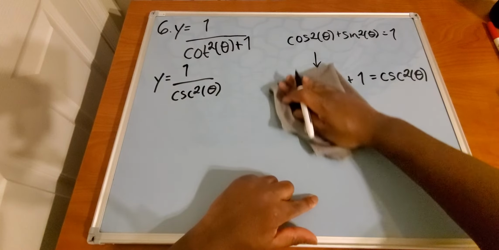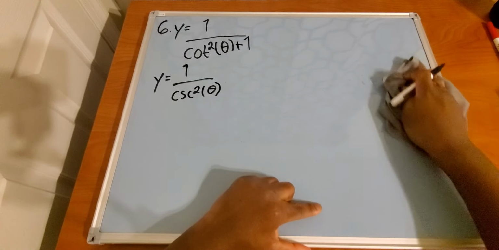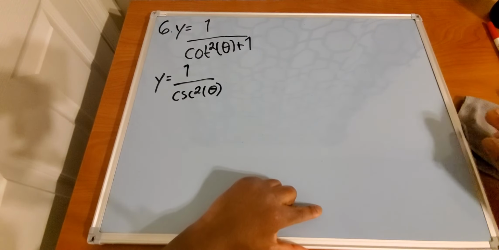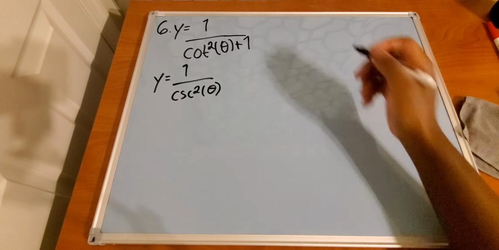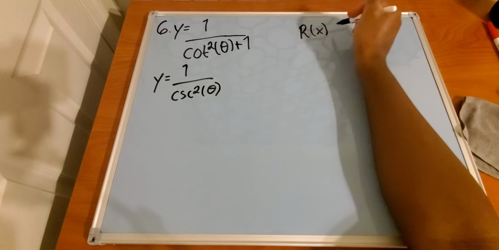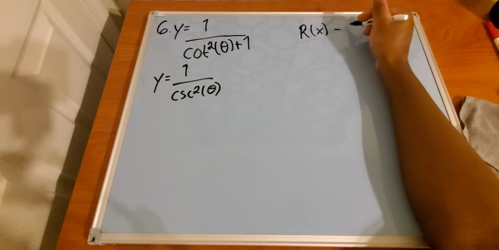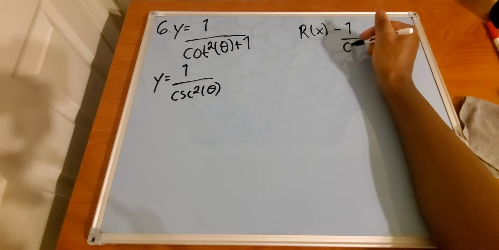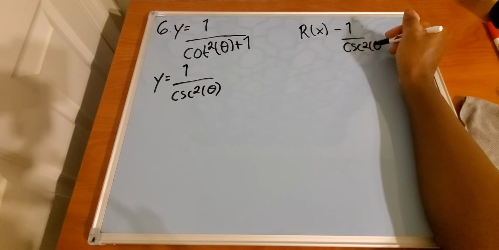Let me erase this so I can identify our components. So identifying our components, we have our function we'll be using the reciprocal rule on, which is the entire function, so 1 over cosecant squared of theta.